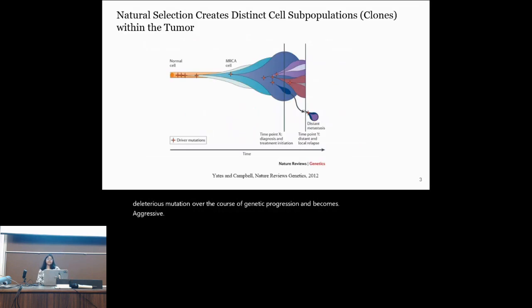This follows the process of natural selection, so the cells acquire mutations which have a selective advantage over the other mutations. These mutations are called driver mutations, shown by the stars in the picture. And these driver mutations expand in the cell populations and create distinct cell subpopulations, also known as clones. This is the clonal theory of evolution in cancer.